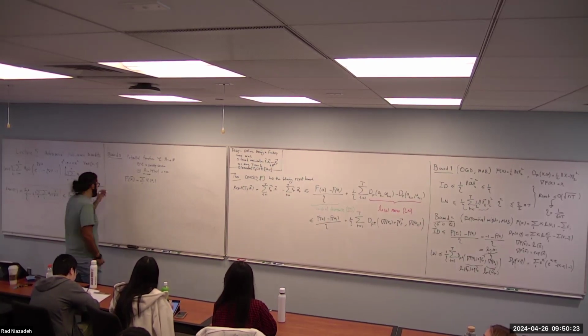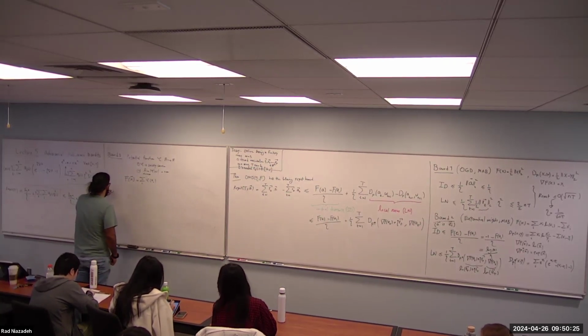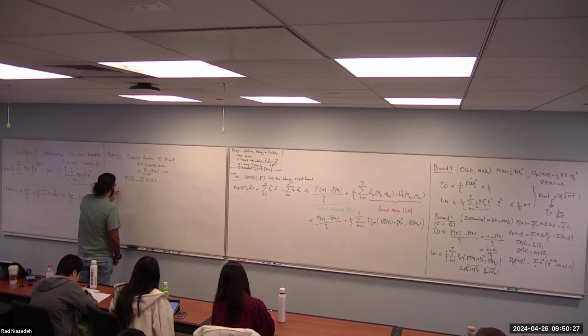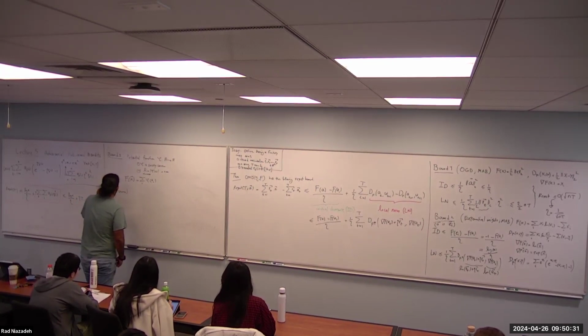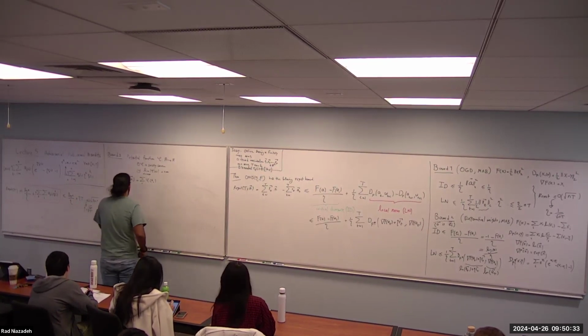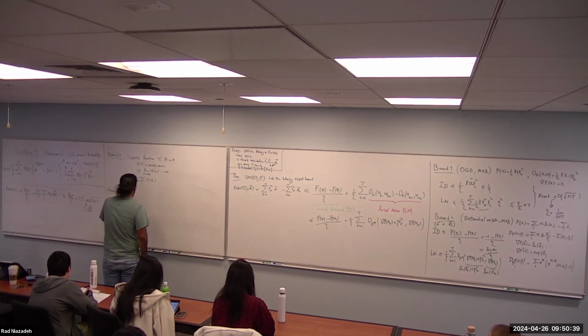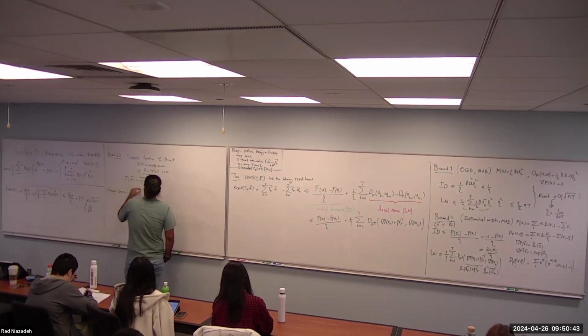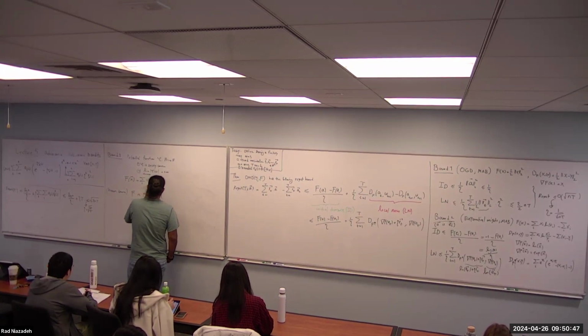So here's a known lemma. I'm going to write that one. The known lemma. And it's not useful for our application. Suppose f is mu strongly convex.